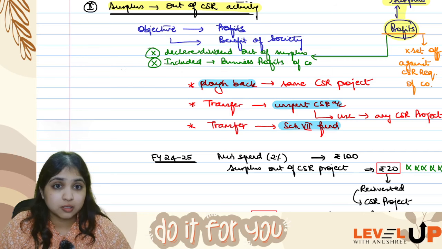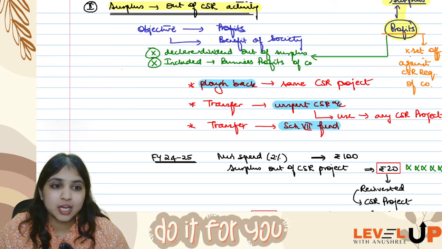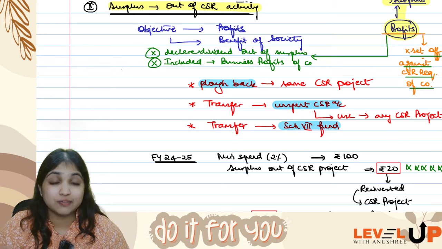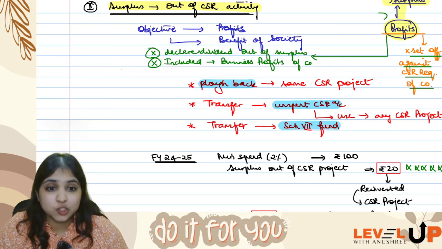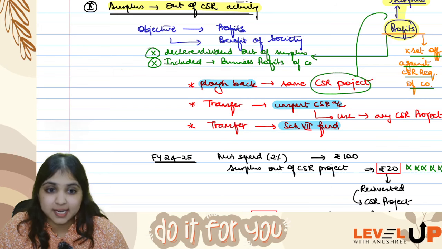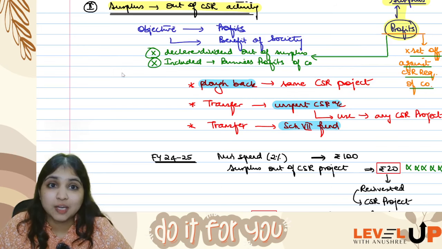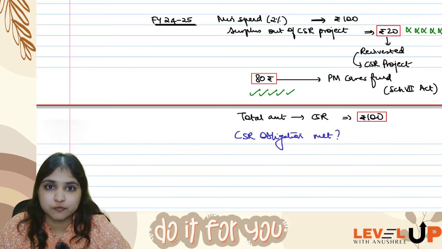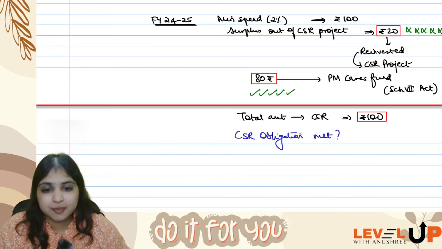That is what we have written over here, that this surplus cannot be set off against the CSR requirement of the company. So whatever surplus the company has utilized by investing it in CSR, this cannot be considered as CSR expenditure of the current year.